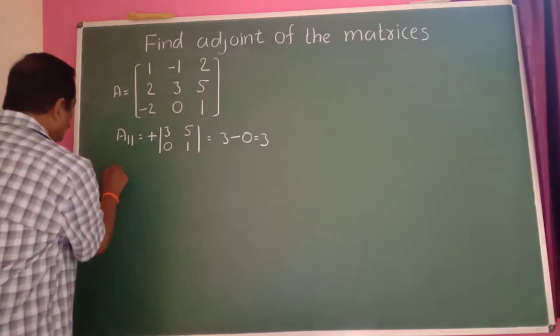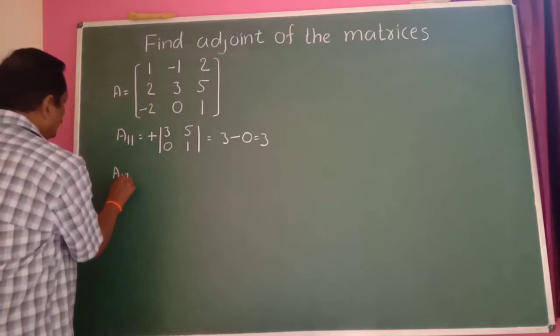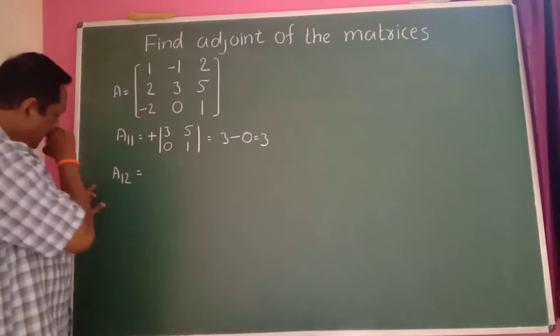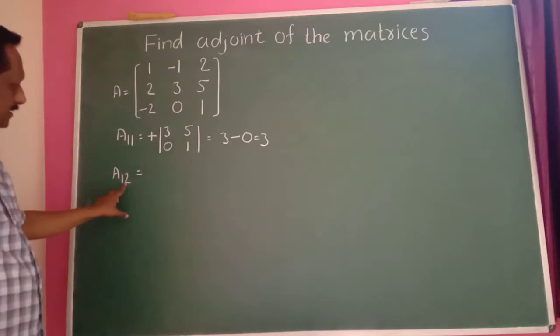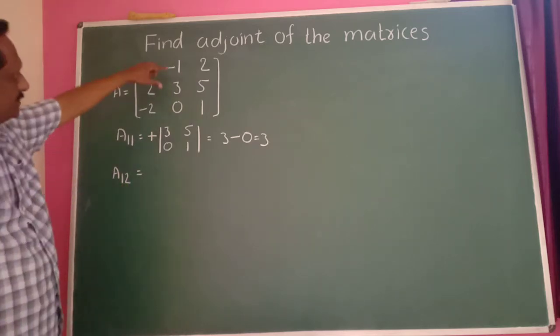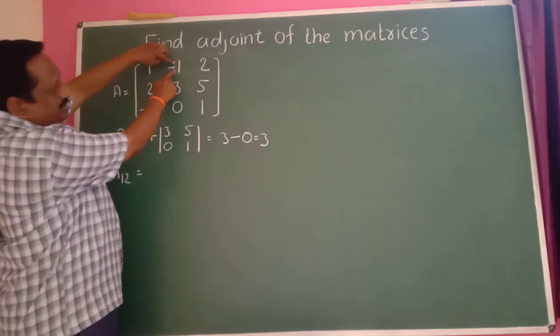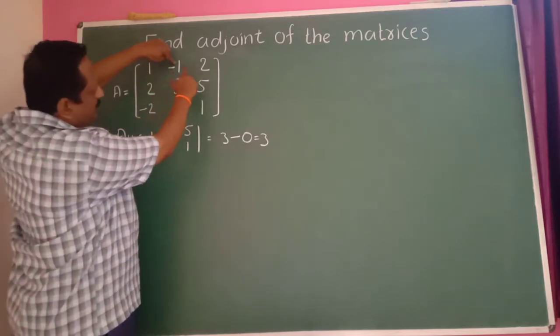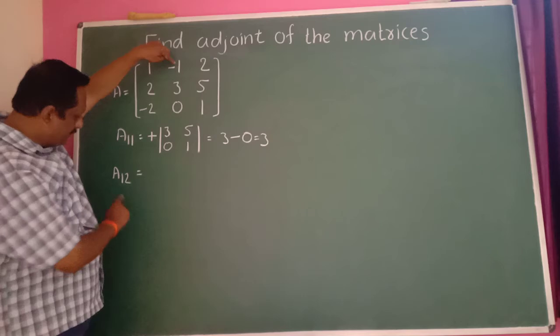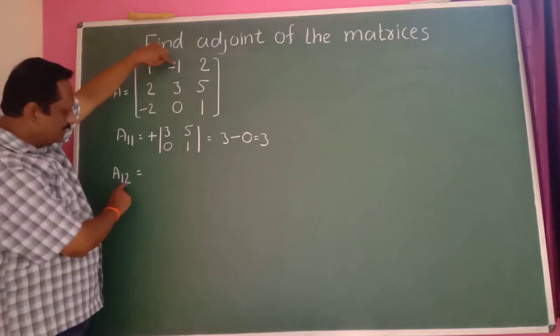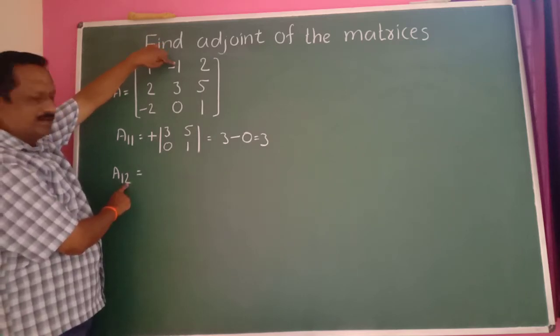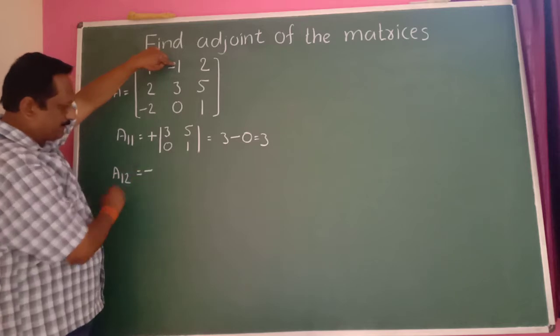Then A12 is equal to deleting the first row and the second column, you write the cofactor of this element. This is in the first row, second column. Therefore A12: 1 plus 2 is 3, an odd number, take a minus sign.